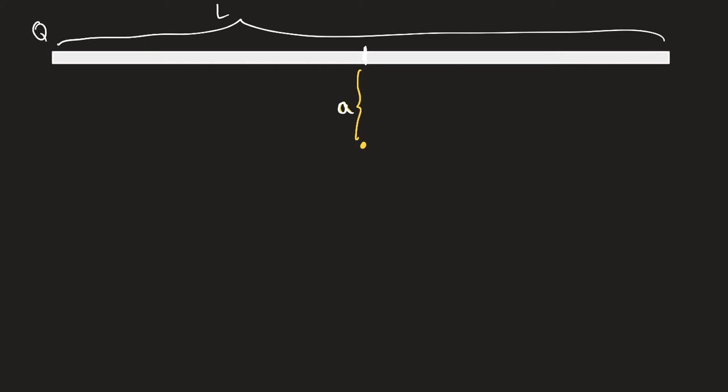Now, we want to treat this problem the same way we treated the dot problem. But to do that, we need to identify a charge that we can use in this calculation. We know we're looking at Coulomb's law.